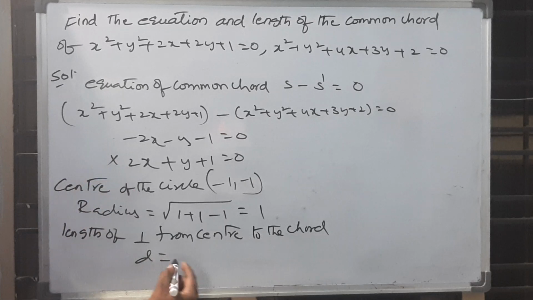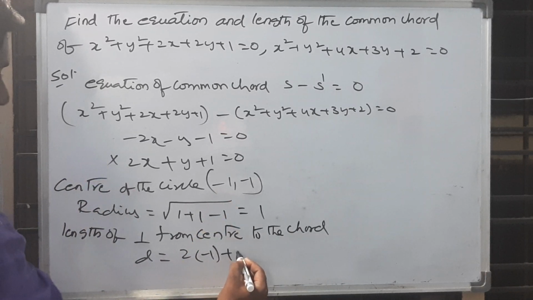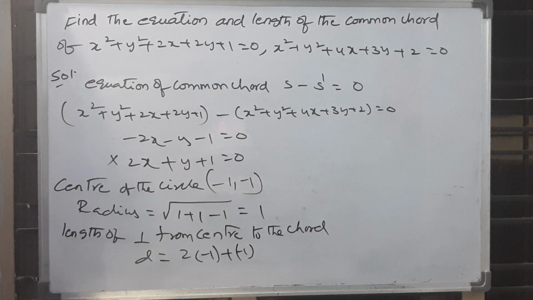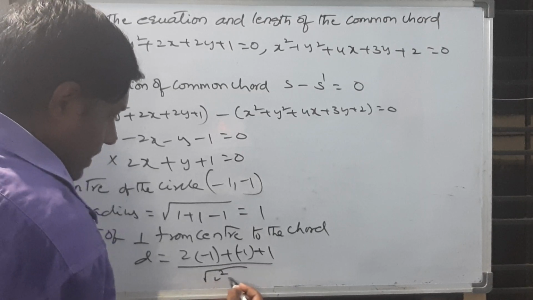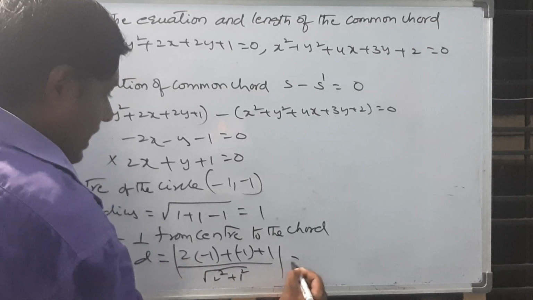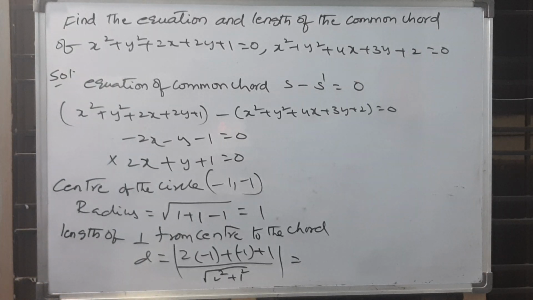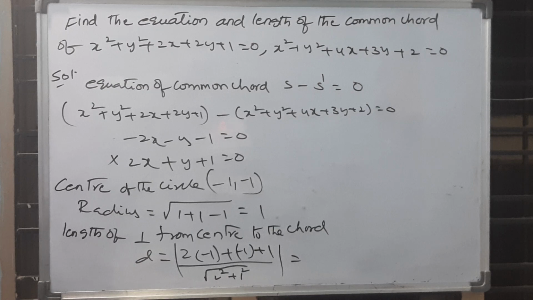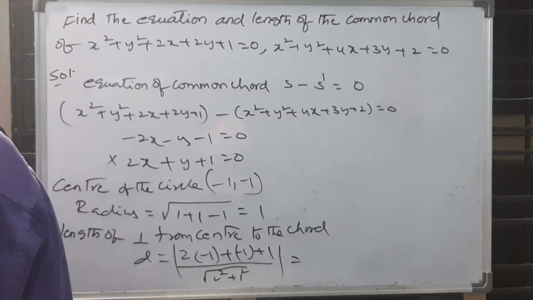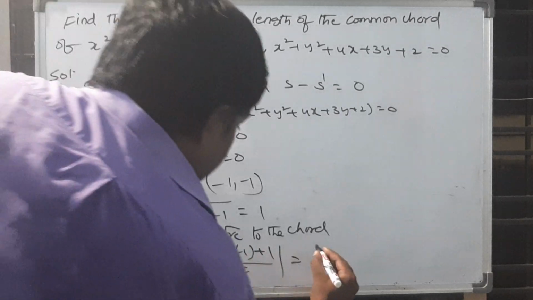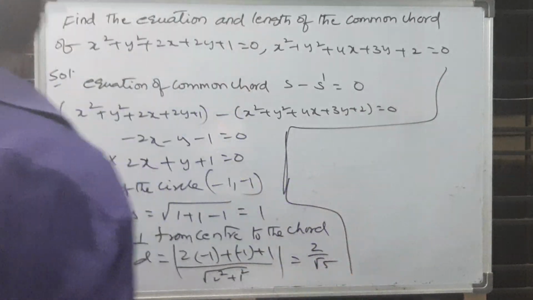So 2 into center x1, y1 is minus 1, plus 1 into y, in the place of y is minus 1, plus 1, by root of a square is 2 square plus b square is 1 square. That is equal to 2 into minus 1 is minus 2, minus 1 plus 1, so minus 2 by root of 2 square plus 1, root 5. So 2 by root 5 is the perpendicular distance.